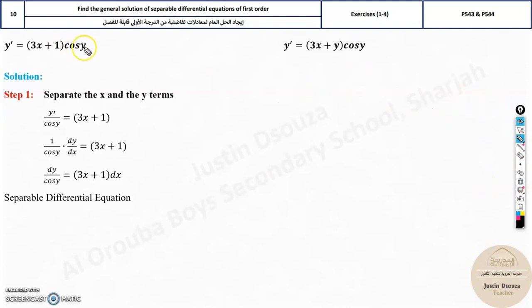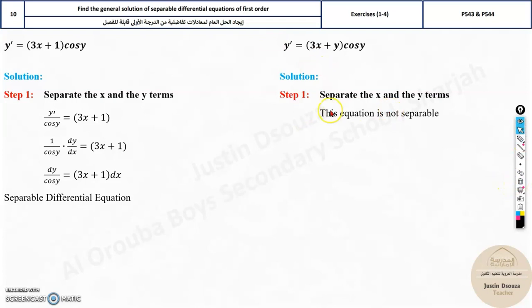So remember, it should be smooth and easy to move to other sides, and you must have them in multiplication. Or if it's an addition, it's fine, but all the terms must be separated. Sorry, y and x should be separated. Here, even if you try anyway, it's not possible. So it's not a separable differential equation.